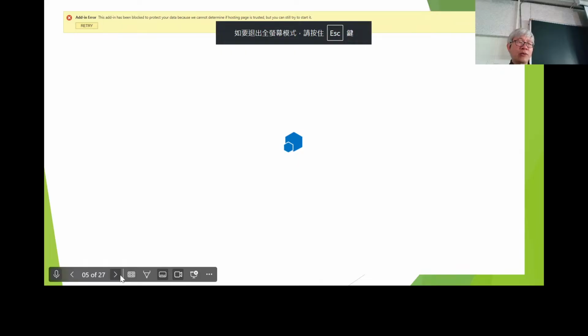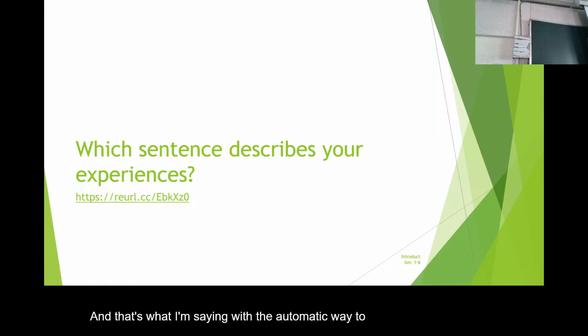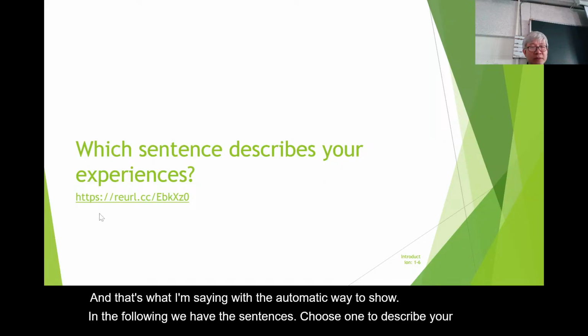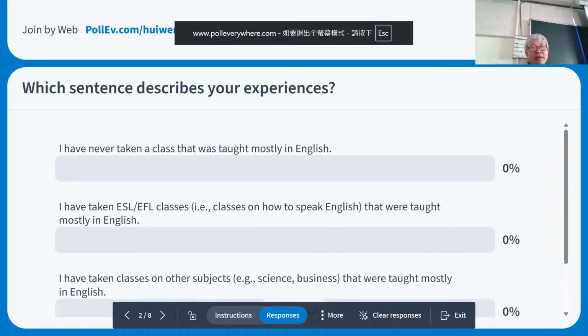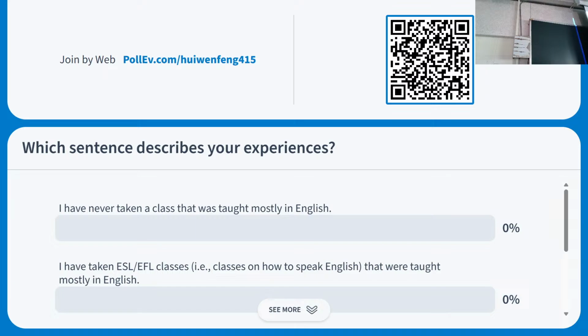And that's what I'm saying with the automatic way to show behavior. In the following, we have the sentences. Choose one to describe your experience. I think right now you are already seeing the problem here. The first one, never taken a class taught in English.